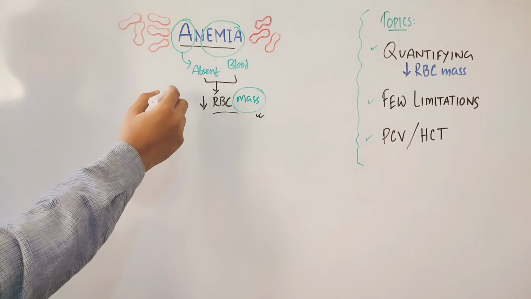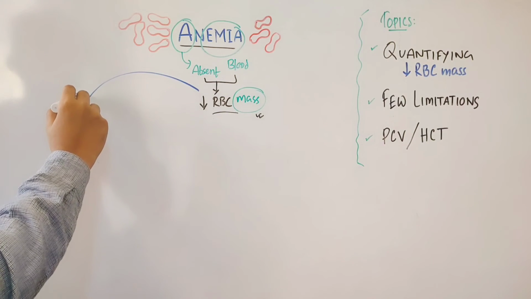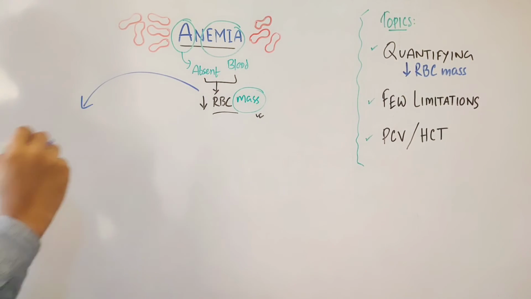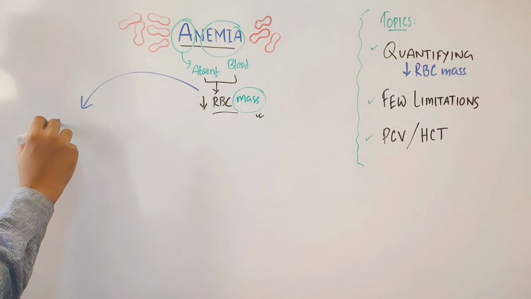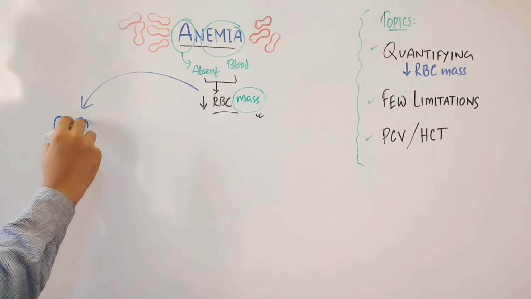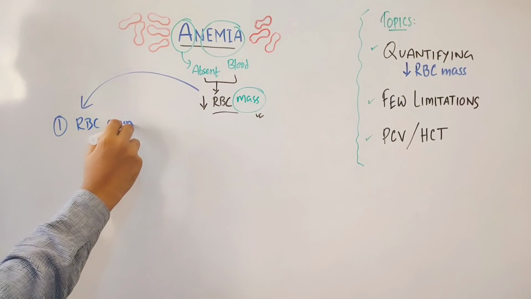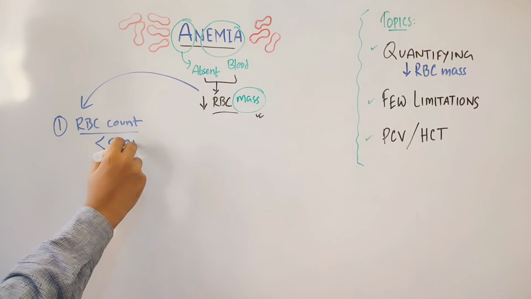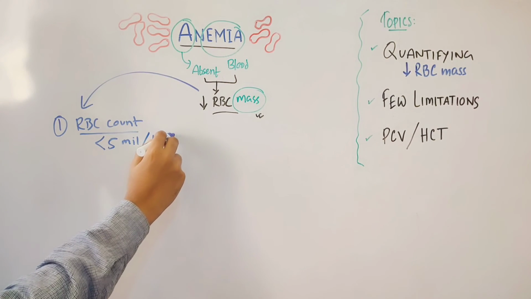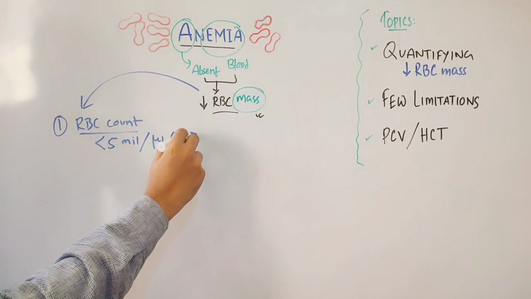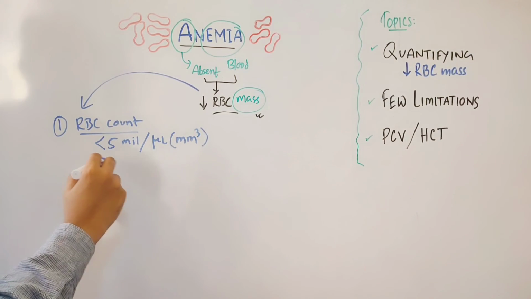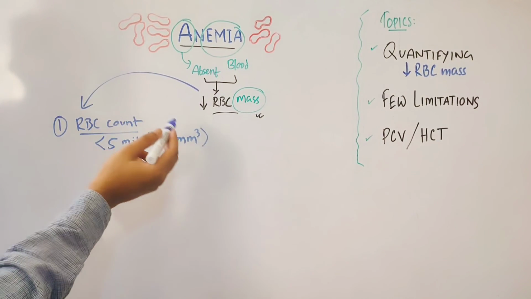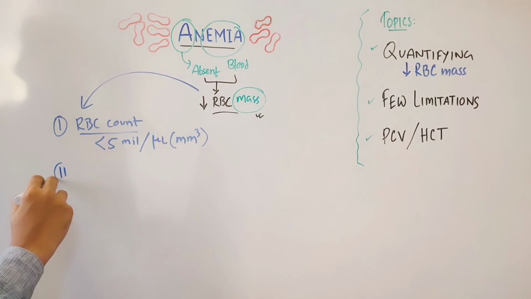So I've talked a lot about the alternative methods of measuring anemia, that is reduced RBC mass. So to summarize, we have firstly the RBC count. If we have a less than normal count of RBC, that is less than 5 million per microliter, or we can say per millimeter cube, we can say that the patient has anemia.